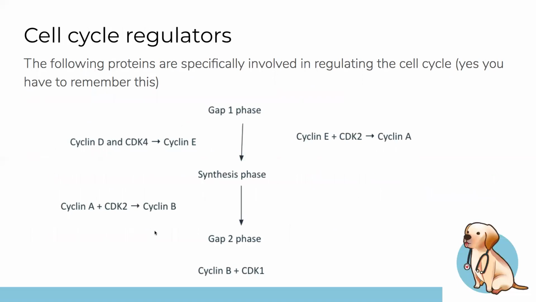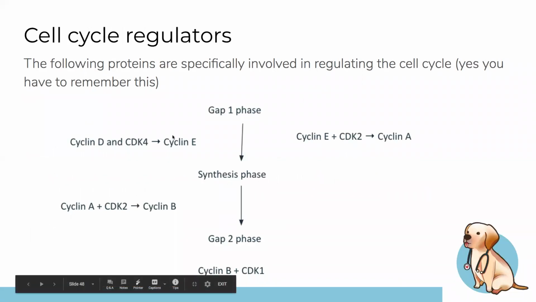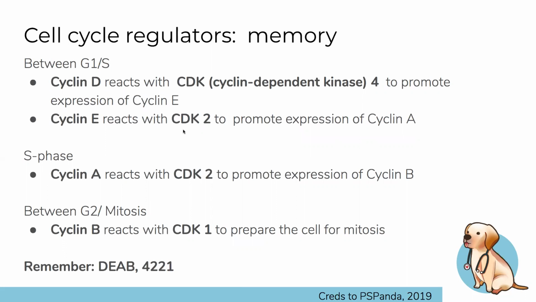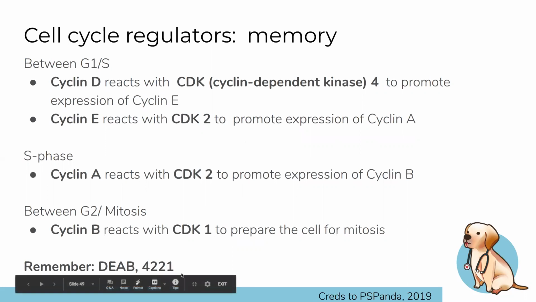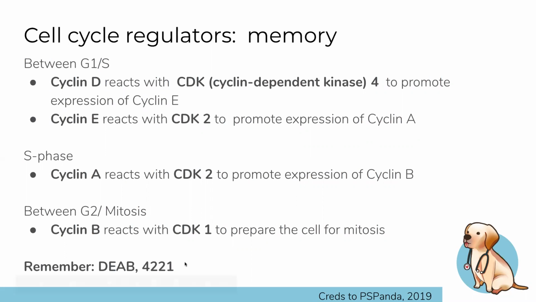Cell cycle regulators. This looks disgusting, but it's something you do need to know. There is a way to remember this: all you need to remember is DEAB 4221. It sounds really dumb, but if you just say DEAB 4221 over and over again, it'll sink in.